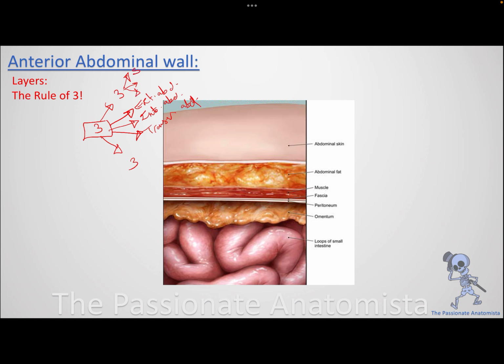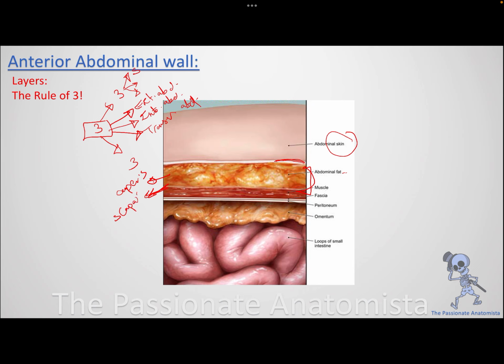Now those are covered outside by three things. The first one is basically the skin, the outermost structure we have. And then you have the superficial fascia, which is actually composed of two layers: a superficial fatty layer, which is what we call Camper's fascia, and a deep membranous layer, which is what we call Scarpa's fascia.